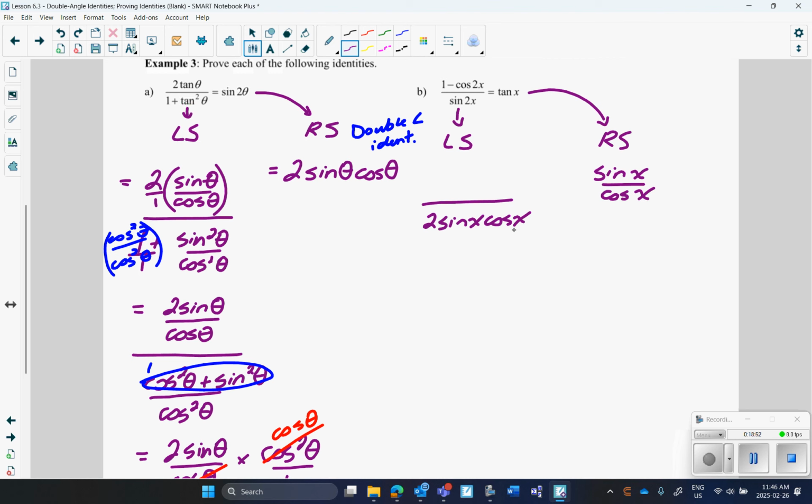This might be the tricky one. Remember, it doesn't matter which one you use. Okay, you can use the cos squared x minus sine squared x. You can use the 1 minus 2 sine squared x or 2 cos squared x minus 1. Do you have a preference?